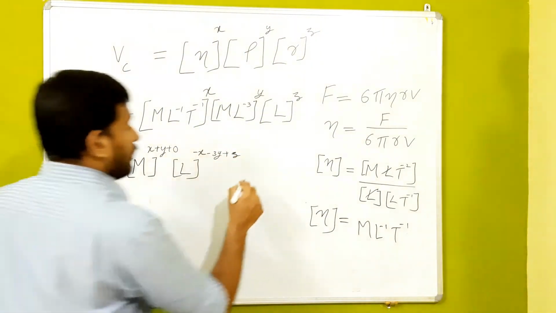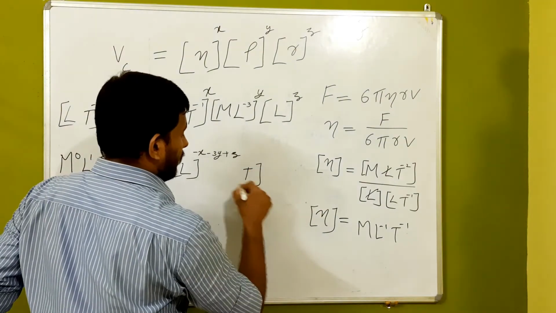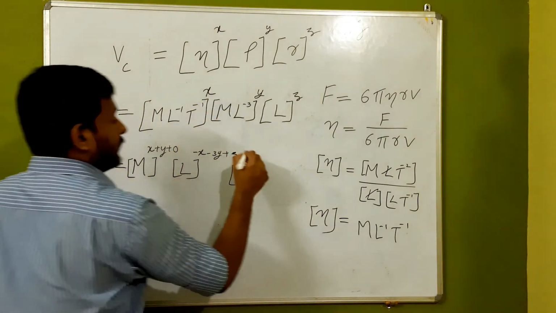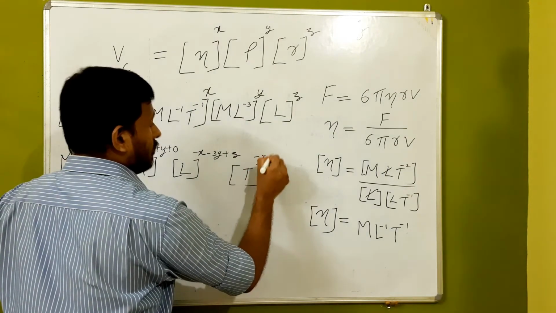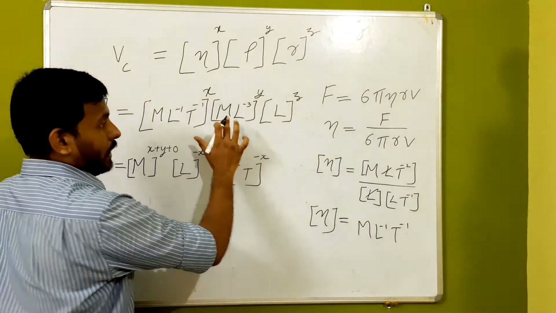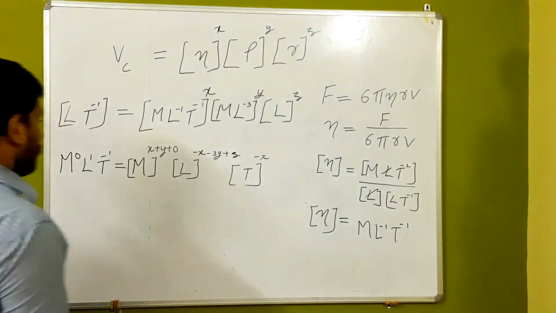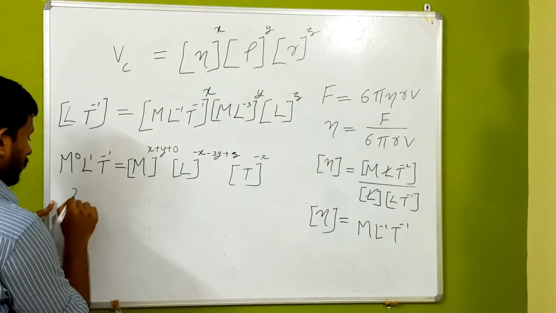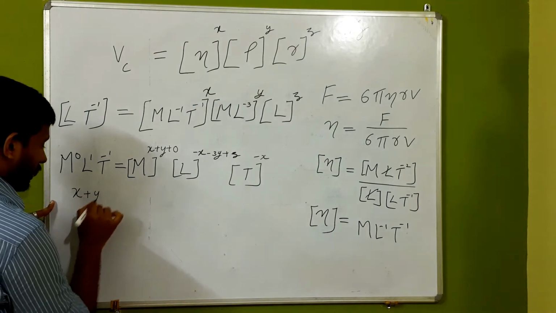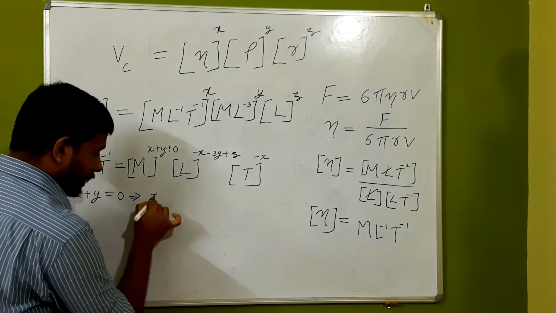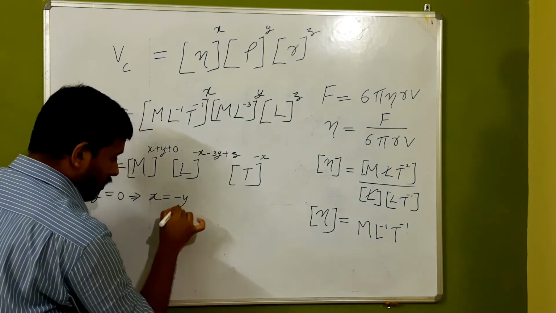And the last term is of time: minus x. There is no time term on the other side, so only minus x. Therefore x plus y is equal to 0 is the first equation, or we can write x is equal to minus y.